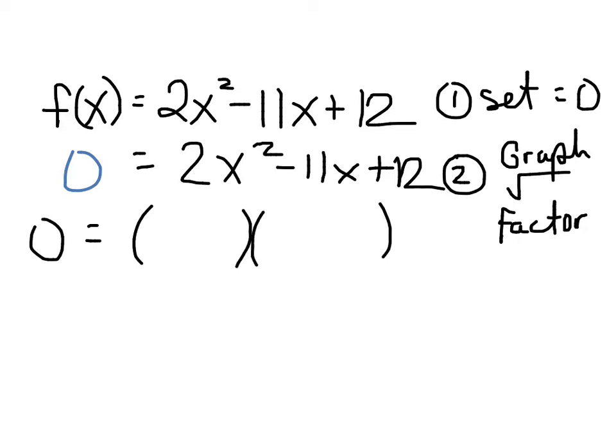What times what gives you the front? What times what gives me 2x squared? 2x and x. Good. Now, this one's going to be different. What times what gives me 12 that makes negative 11 is not going to be possible the same way with this one because you've got something in the A slot which is going to help it. So to make 12, I'd either have to do 1 and 12, 2 and 6, or 3 and 4.